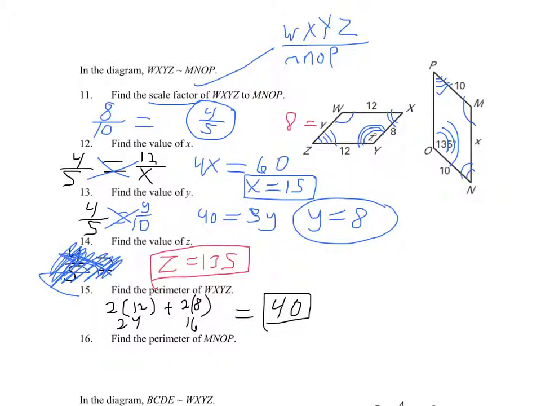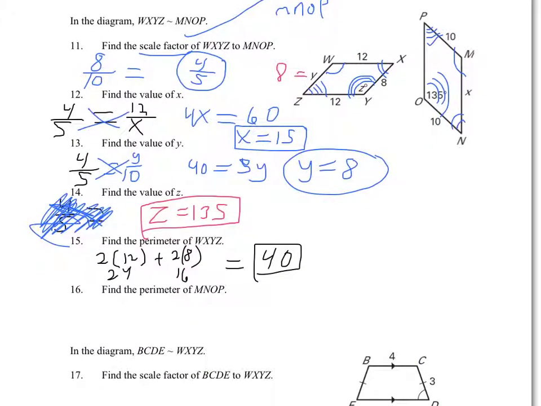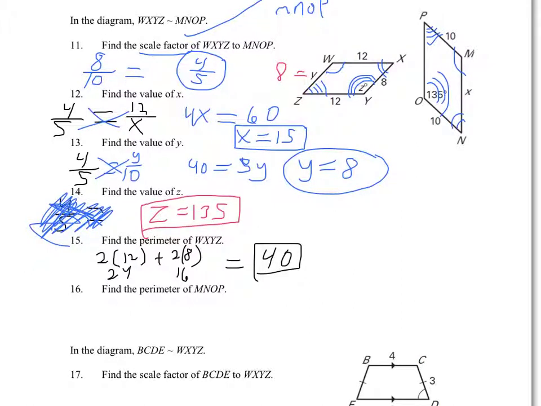You could also just add up all the sides, right? 8 plus 12 is 20, 8 plus 12 is 20, add them together, you get 40. Find the perimeter of the other one, MNOP. Well, we know that x is 15, and since this shape is similar, it's also going to have the other side be 15.